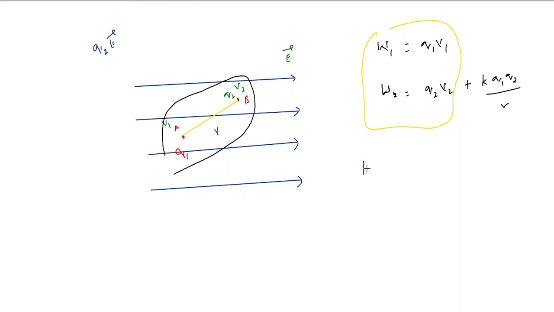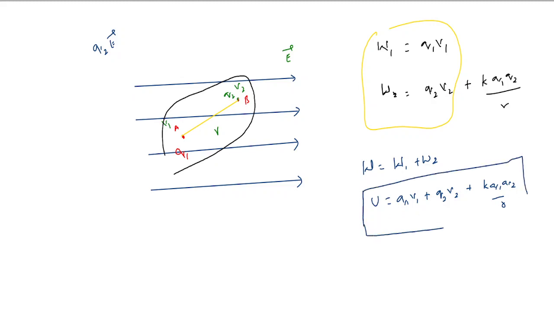Total work done is W1 plus W2, which is Q1 V1 plus Q2 V2 plus K Q1 Q2 by R. The work done is seen as potential energy. Therefore, U is equal to this form. Recall that if you had only two separate charges, then these two terms were 0. But here they are not 0 because of an external electric field.